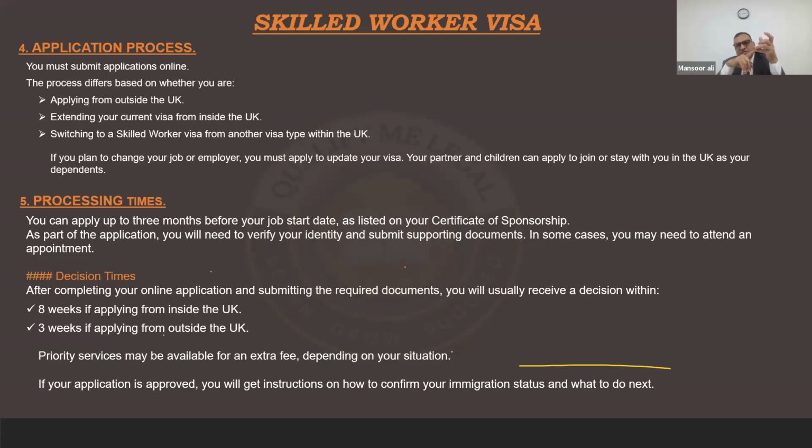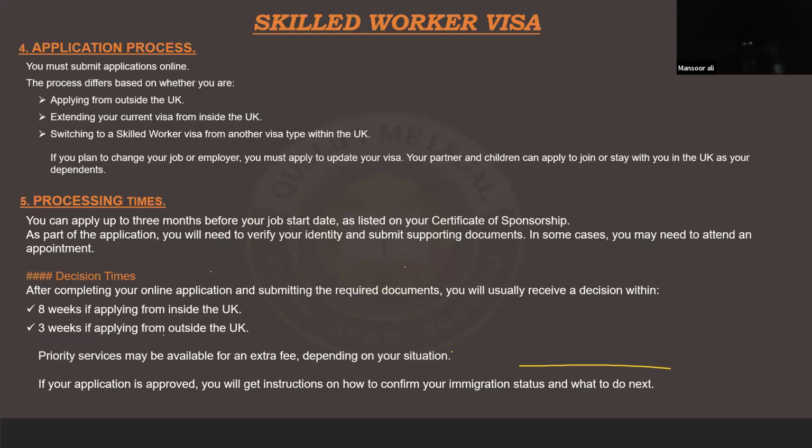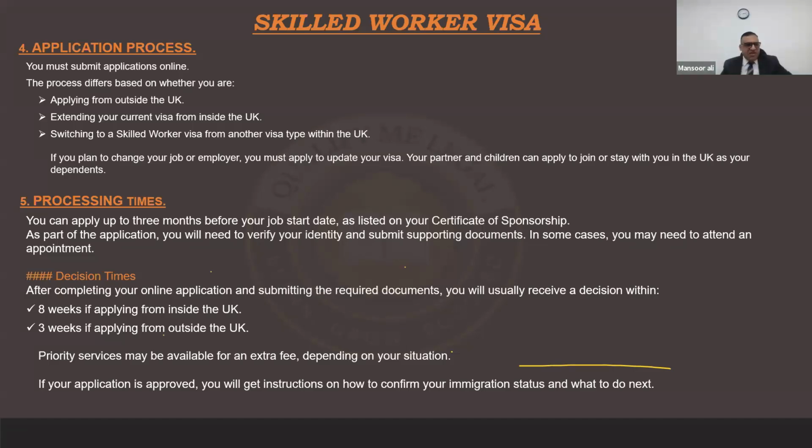Under the rules, you can apply for indefinite leave to remain after 5 years. There are a number of discussions nowadays, and the Home Office is proposing to change the time duration for indefinite leave to remain in this visa category from 5 to 10 years. However, as we discussed in the last session, it will not be easy for the Home Office to change the clock from 5 to 10 years, because we have a number of cases where the courts did not allow it.